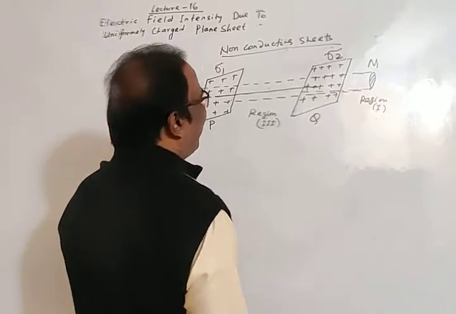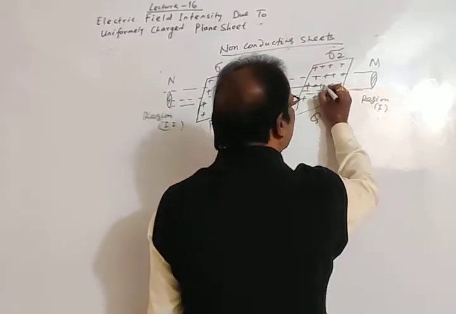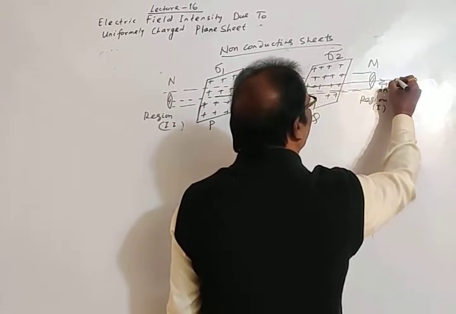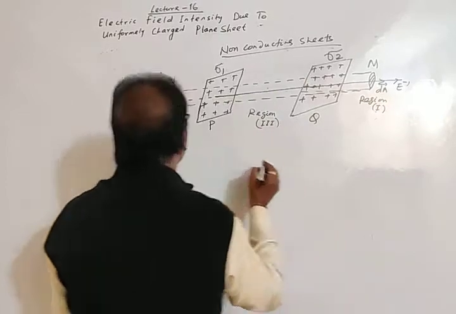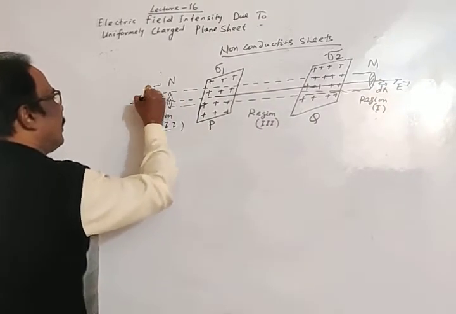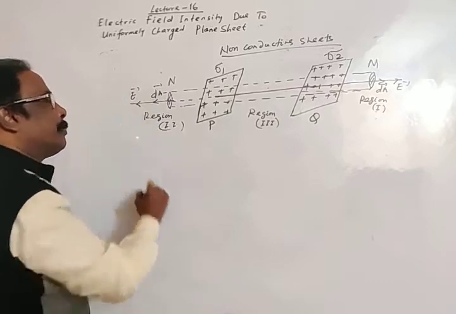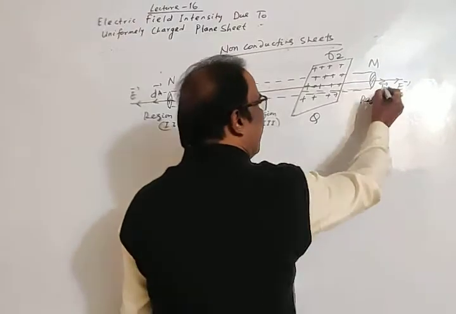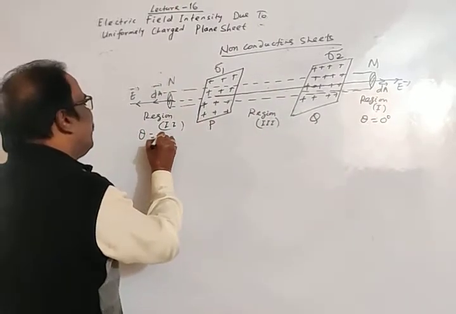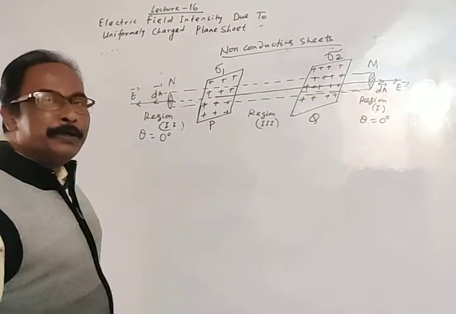As we have considered, electric field and elemental area vector are in the same direction, so the angle between E and dA is 0 degrees here, and also 0 degrees here.